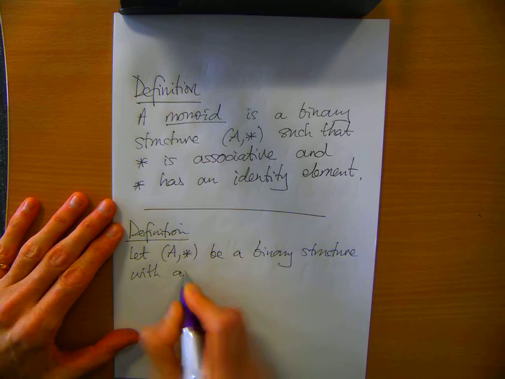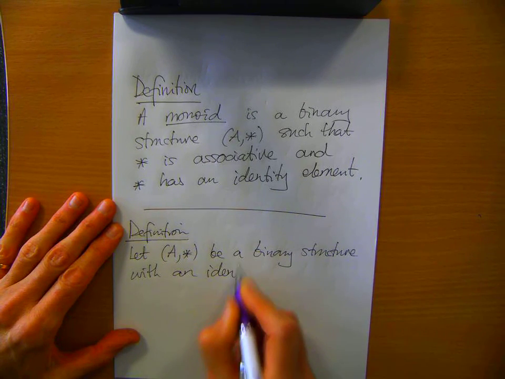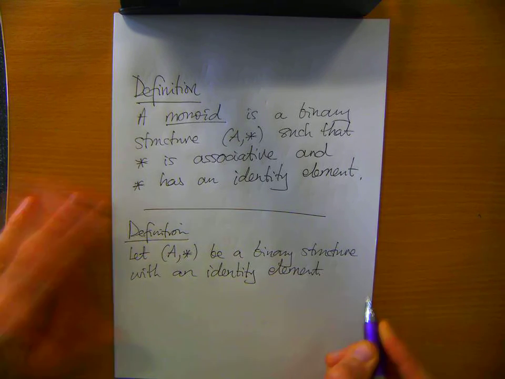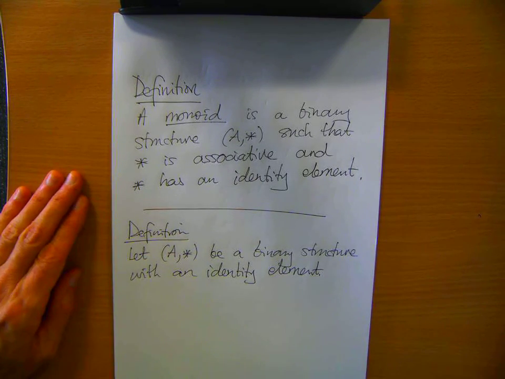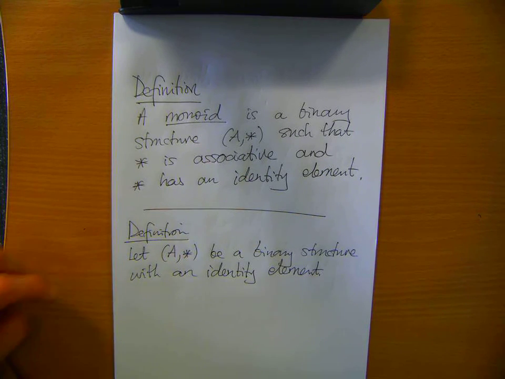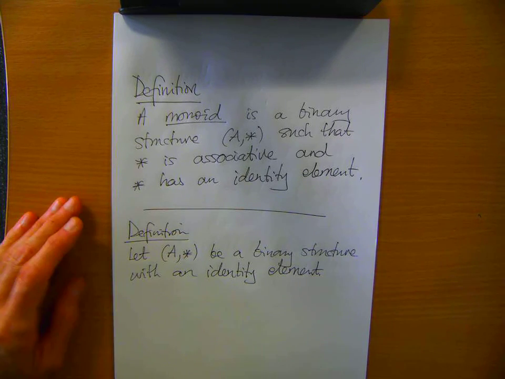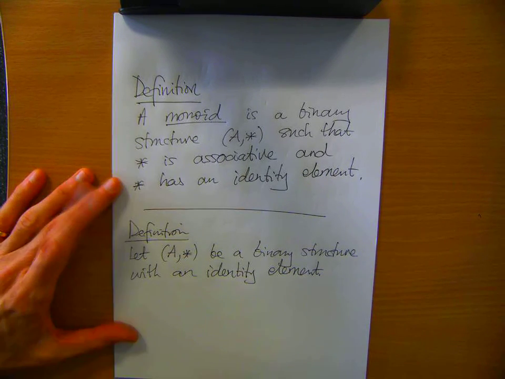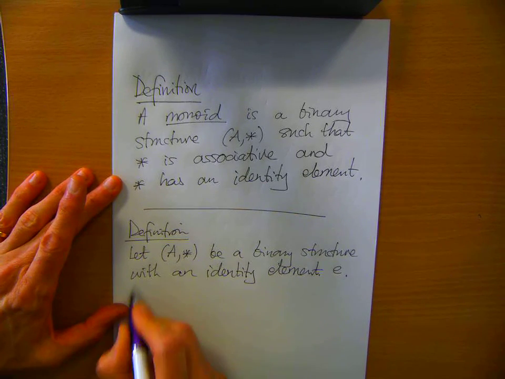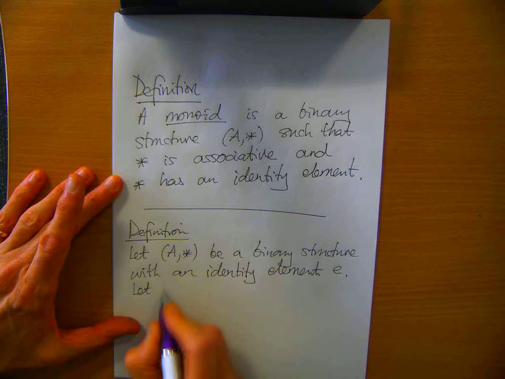So from now on we're going to assume we've got an identity element. Of course, because of our little result that we've just proved, there's only one. So the identity element can be kind of secure, that there's no other usurper going to come along and claim to be an identity element as well. So let's call the identity element E. And let X be an element of A.